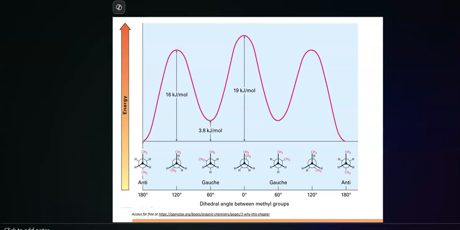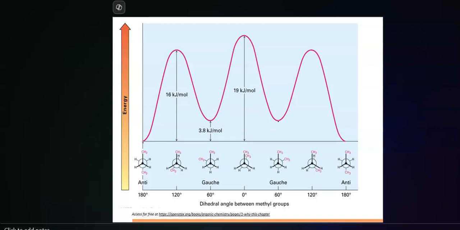Why? Because the CH3 groups are right next to each other, whereas in anti the CH3 groups were completely away from each other. So this interaction will result in a little bit of energy, about 3.8 kilojoules. You take the staggered and do another 60-degree rotation, you go to the eclipse. Now this is my highest energy conformer because here the two CH3 groups are pretty close to each other.